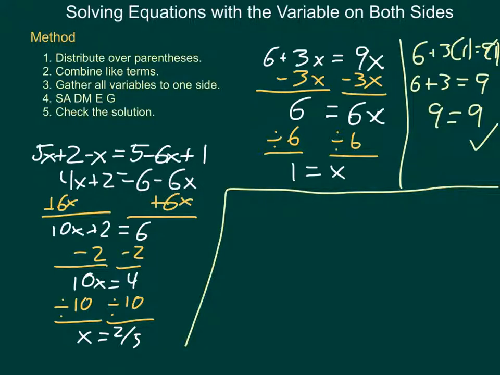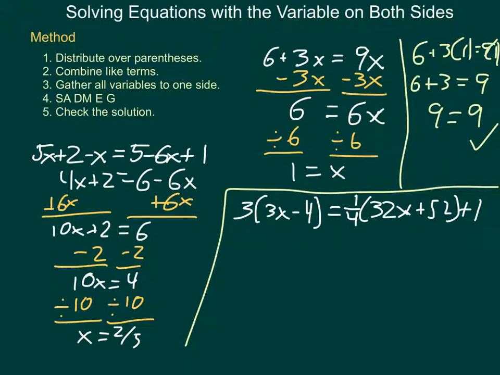Our next equation will be 3 times the quantity 3x minus 4 is equal to 1/4 times the quantity 32x plus 52, plus 1. Now, we're going to run through our method. First, distribute over parentheses. So 3 times 3x and 3 times negative 4 gives me 9x minus 12 equal to, if I distribute this 1/4 times 32x and 1/4 times 52, well, 1/4 times 32x will be 8x. 1/4 times 52 is 13.